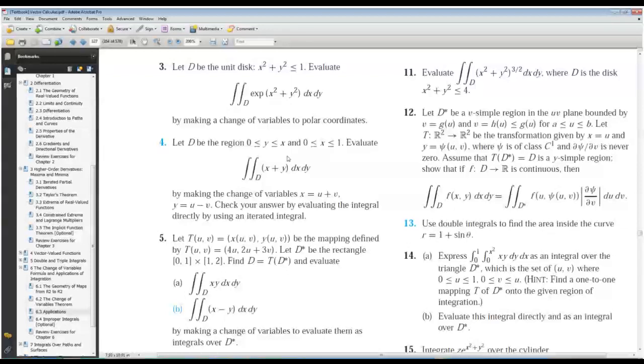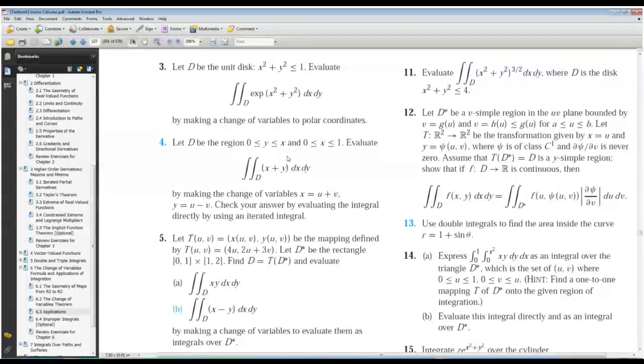I believe the solution is along a triangle, so 3 lines. But when I plug in x equals 0, I get a 4th line. So I wasn't sure what to do with that. Okay, let's do this one. So x equals u plus v, and y equals u minus v, right?